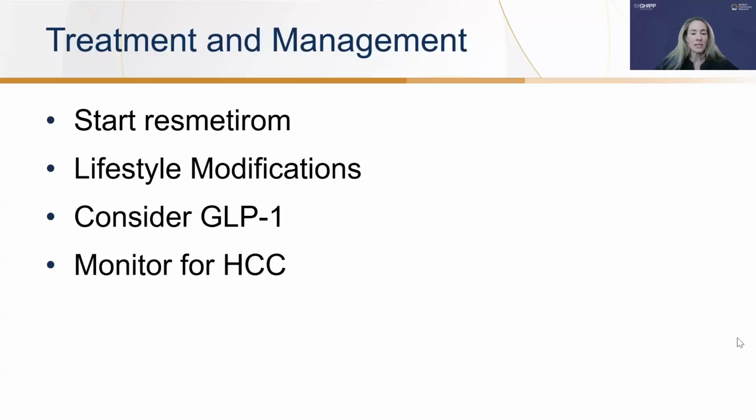In terms of monitoring for HCC, we know patients with MASH without cirrhosis are at higher risk for hepatocellular carcinoma. So my F3 patients, I do start screening for HCC, typically with an ultrasound plus or minus an alpha-fetoprotein every 6 months.